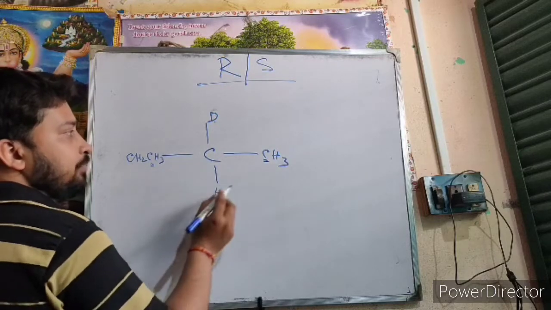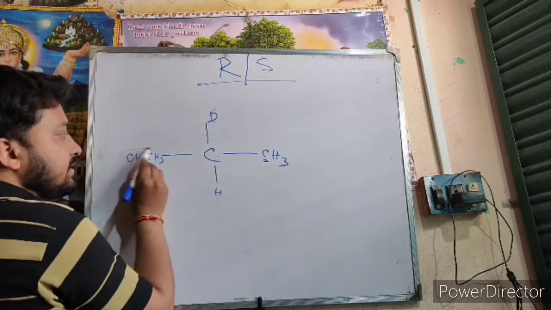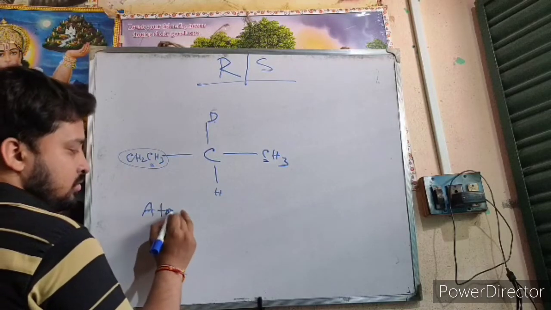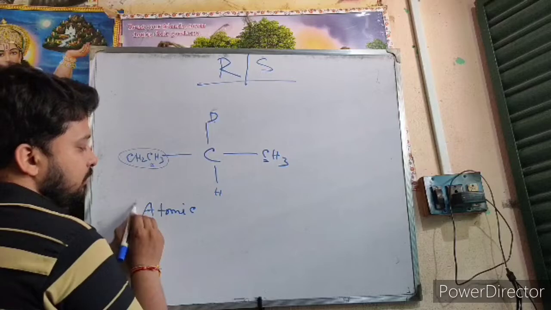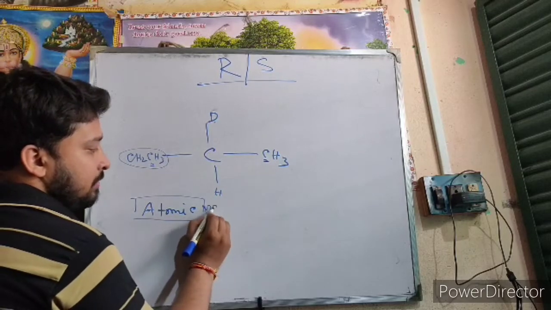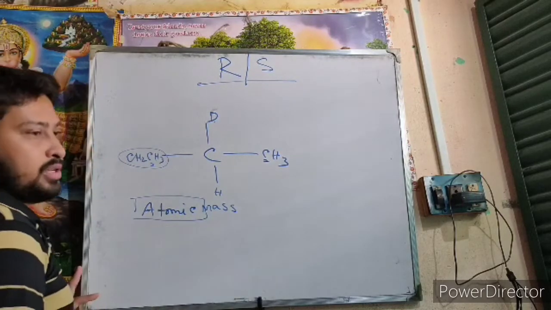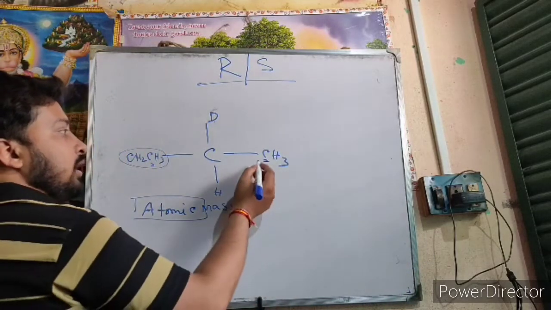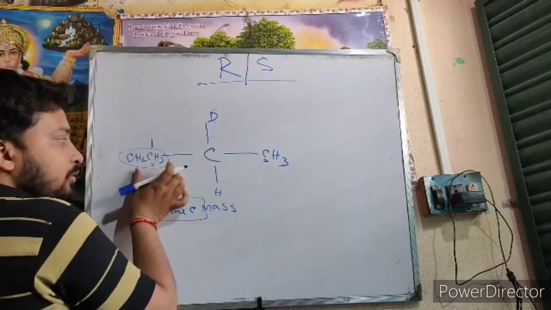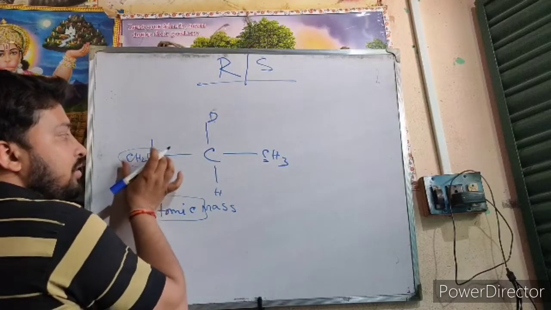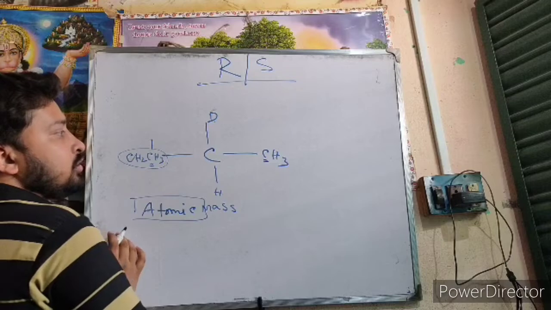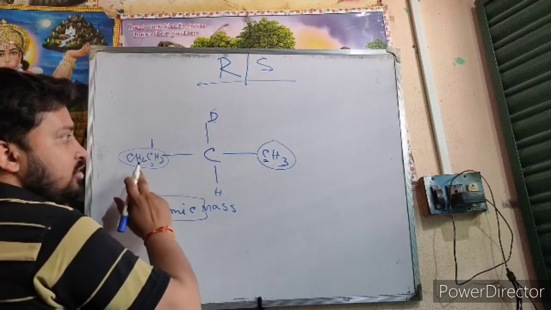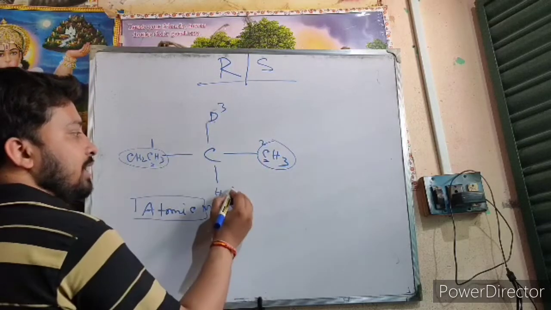On the basis of this, there is CH3, CH2. Then we can give them priority according to their atomic mass. Which atomic mass is more, the priority is more. So this is 1 because it has more atomic mass compared to the CH3. So this is 1, this is 2, this is 3, and this is 4.